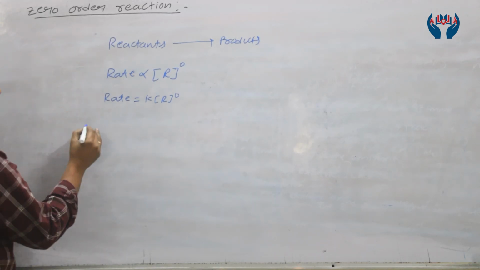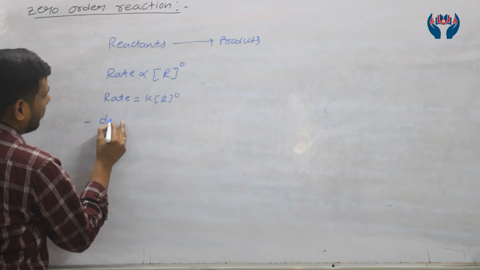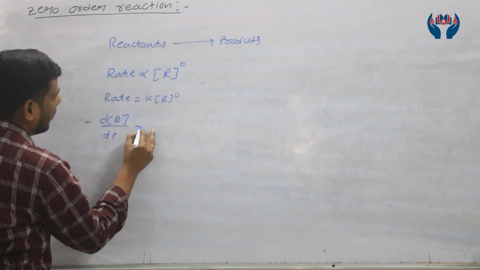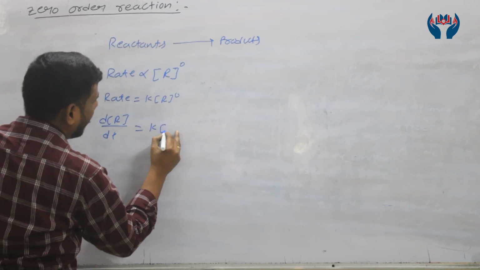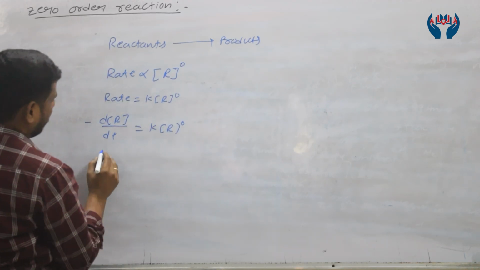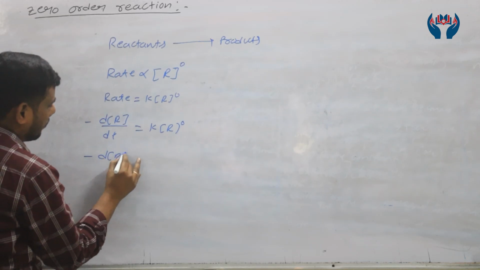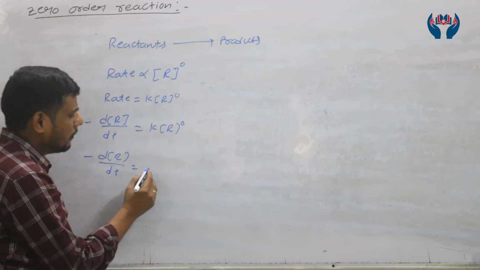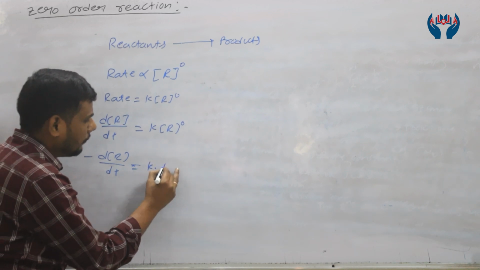Then what is the rate? The rate of reactant is minus d[R]/dt equal to K times R to the power 0. R to the power 0 means 1, so minus d[R]/dt equal to K times 1.